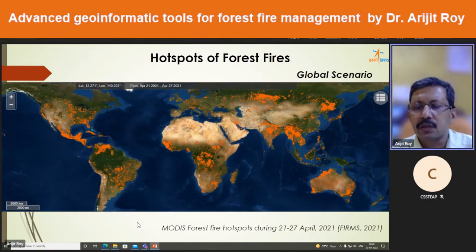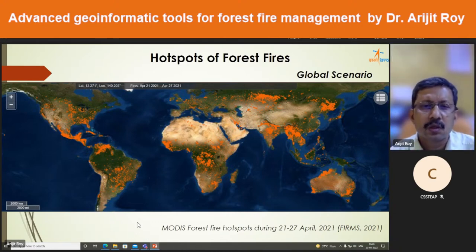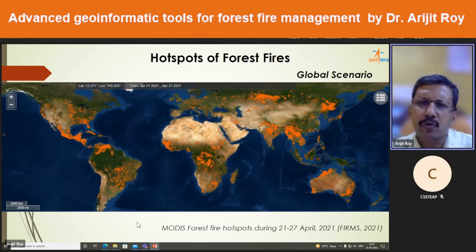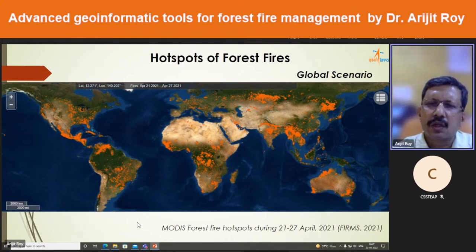You have extensive fire in the South Asian region, the Indian subcontinent. You have fires in the African savanna, the Central African forests, parts of Mexico, USA, and also in the northern latitudes, especially in the Caucasus region and the Russian Federation.